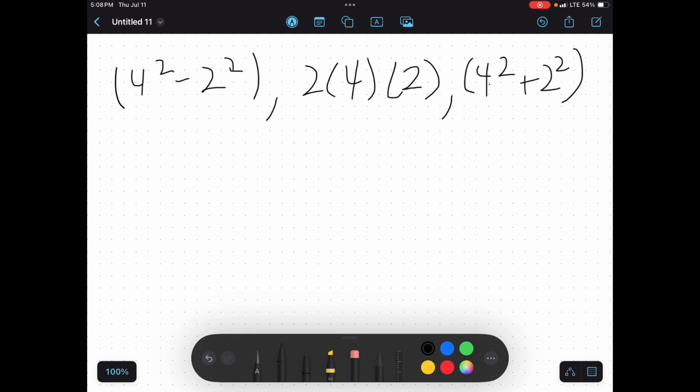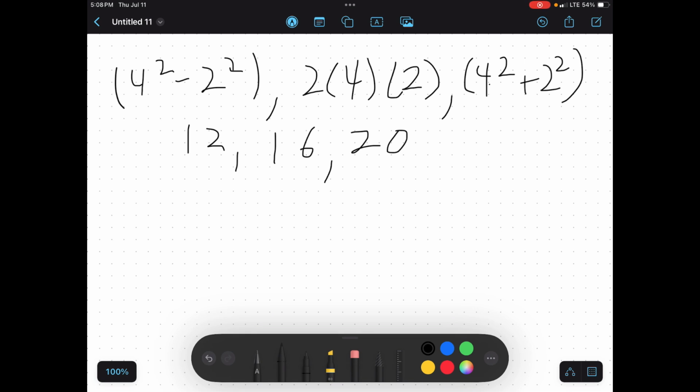So 4 squared minus 2 squared, that's 16 minus 4, or 12. 2 times 4 times 2, that's 16. And 4 squared plus 2 squared, 16 plus 4 is 20. So 12, 16, and 20. 12 squared is 144, 16 squared is 256, 20 squared is 400.